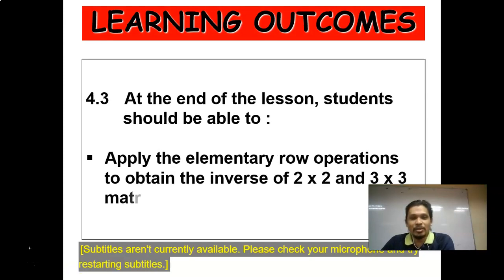Please refer to your lecture notes. Now we are going to apply the elementary row operation, or we shorten this as ERO, to obtain the inverse of 2 times 2 and 3 times 3 matrices.